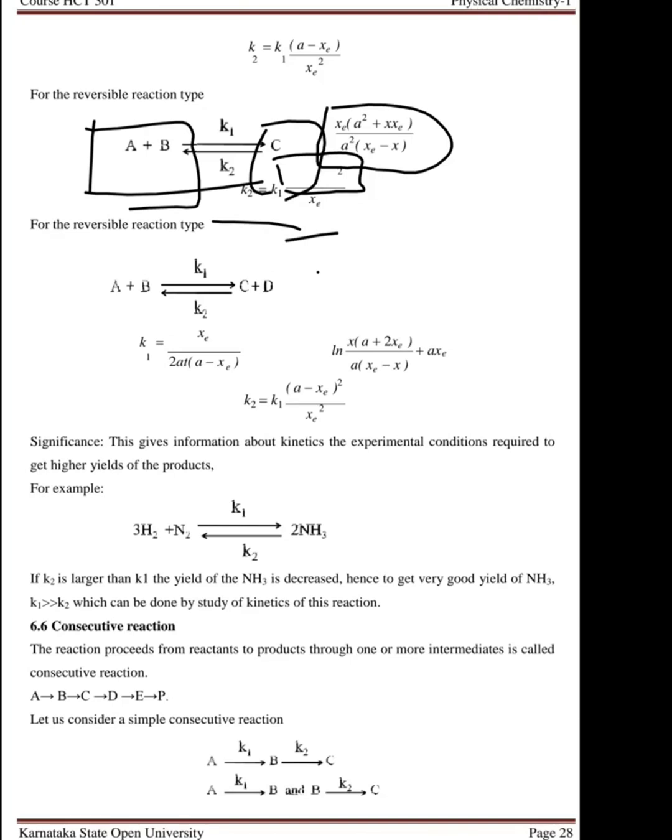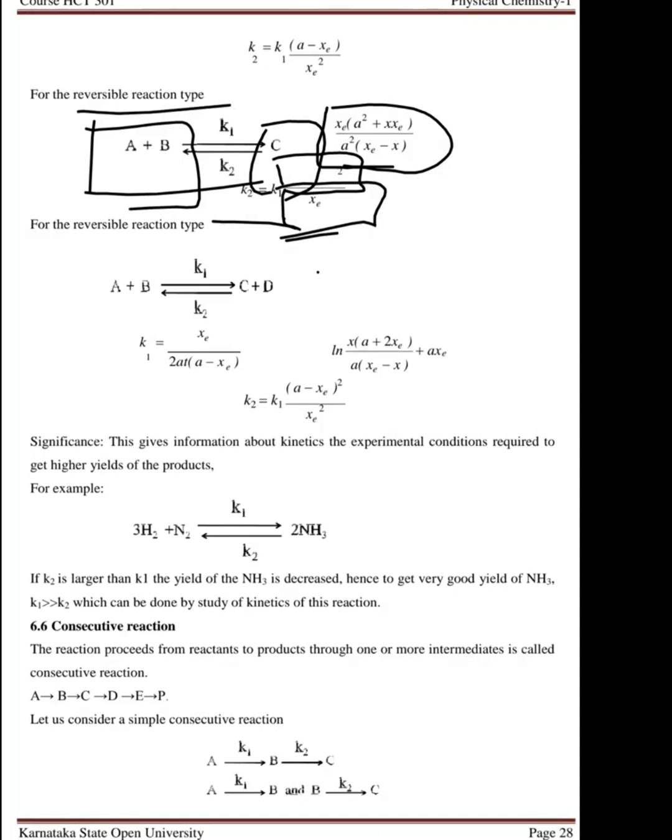Xc into A square plus Xc into Xc divided by A square into (Xc minus X); this should be in the numerator, divided by this Xc. This is the equation for reversible reaction type 2.